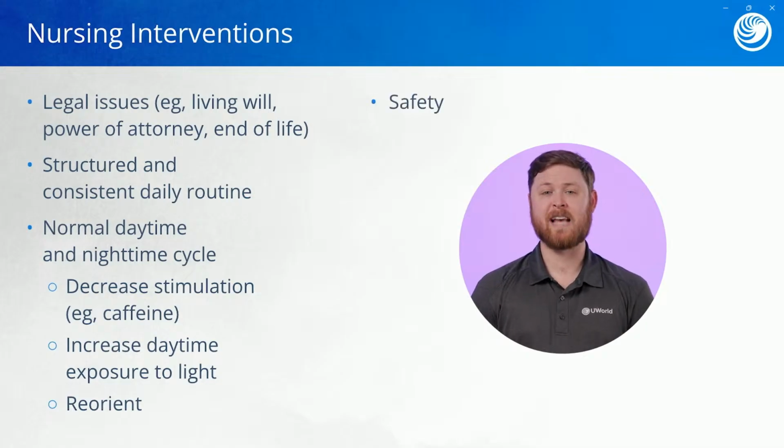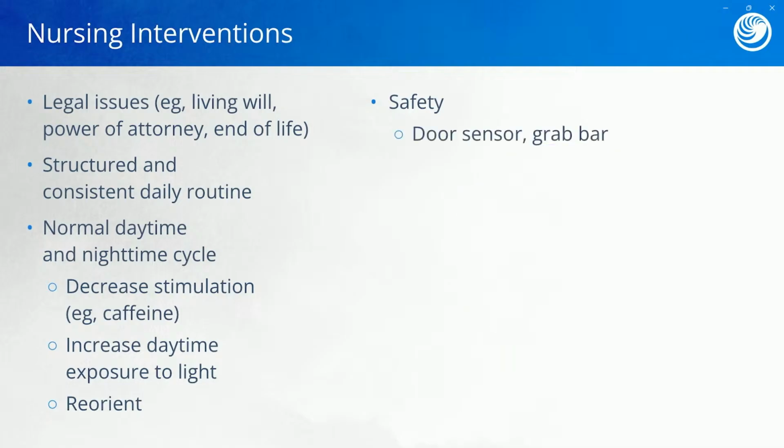There are a number of safety interventions that we should consider. For one, we can use a door sensor. By doing this, we know if a client is attempting to use a door, and we can escort them wherever they're trying to get to or bring them back to a safe environment. Clients with Alzheimer's disease can become restless and tend to wander, and when they begin to do so, we want to establish a safe place where they can do this.